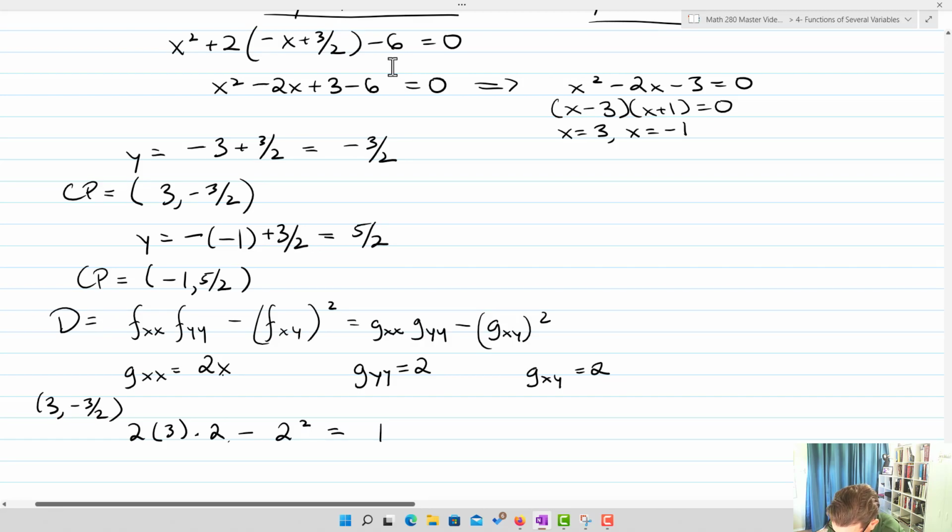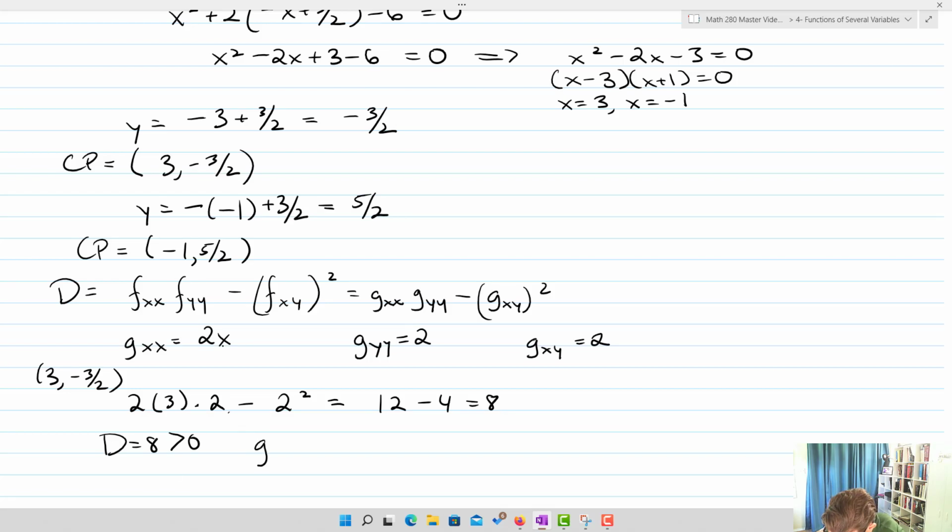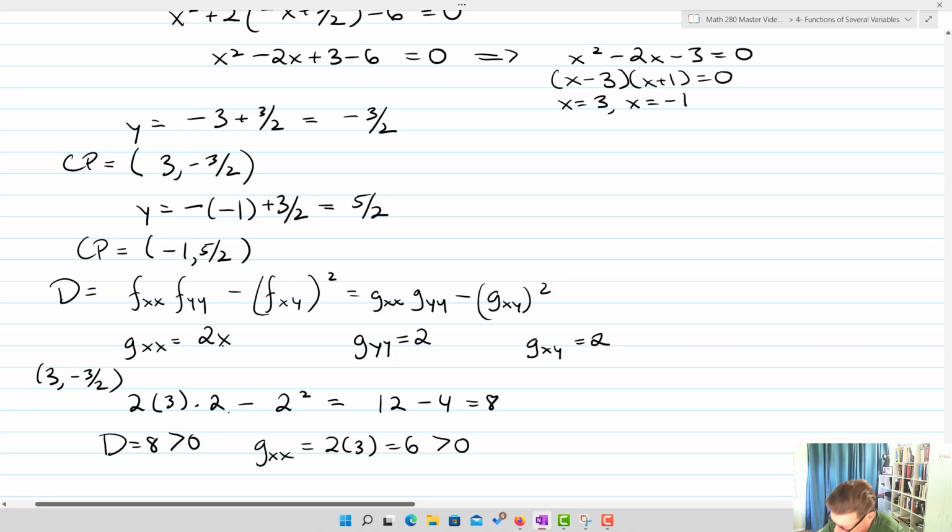So this is going to be 12 minus 4, which equals 8. Okay? So that's the discriminant. D equals 8, which is greater than 0. And we notice that g_xx is equal to 2 times 3, which equals 6. And that's also greater than 0.